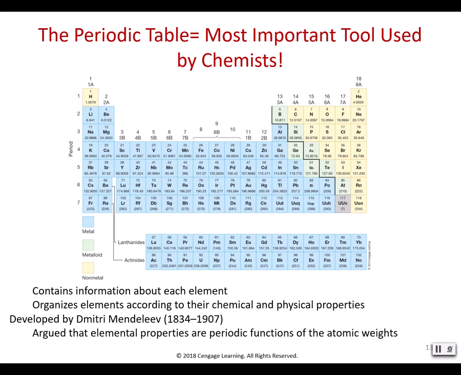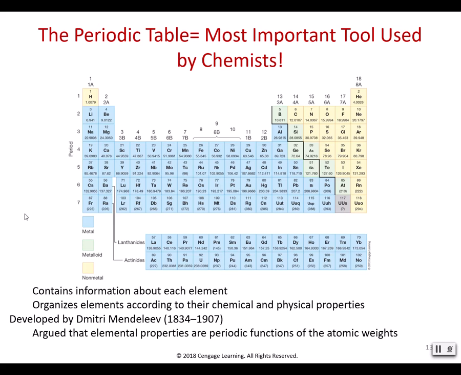The periodic table contains information about each element. We've kind of talked about that already. The beauty of the periodic table is that Dmitri used it to argue and to explain that certain elements have properties that are similar to other elements that are located in the same region of the periodic table.